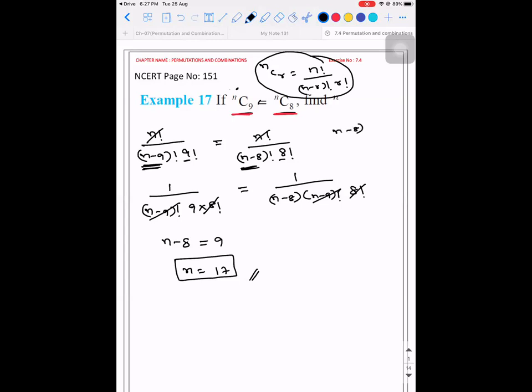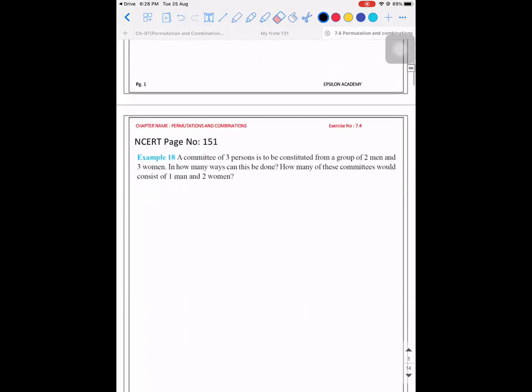Yes, n minus 8 into, you are supposed to multiply with the next number by decreasing 1, no? n minus 8 minus 1. Okay sir. Is it clear? So n is equal to 17.